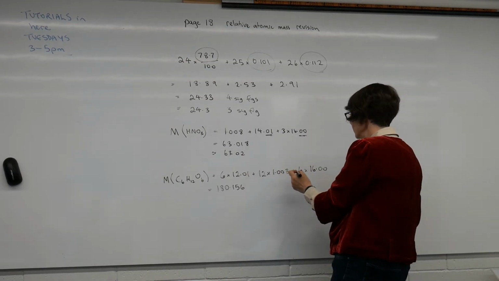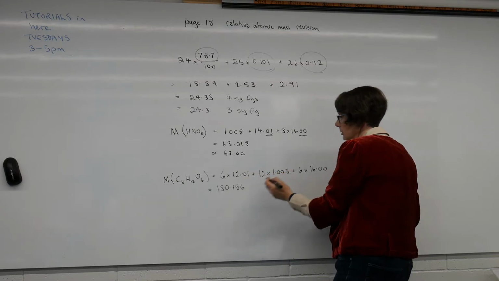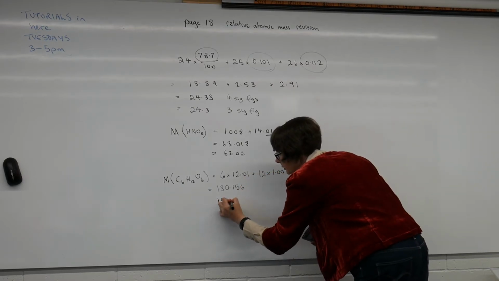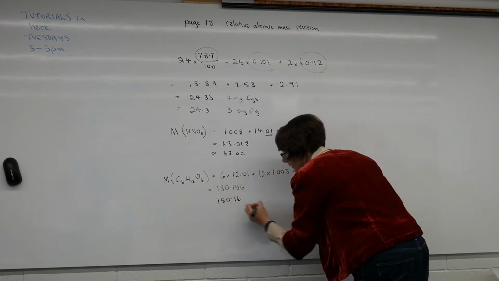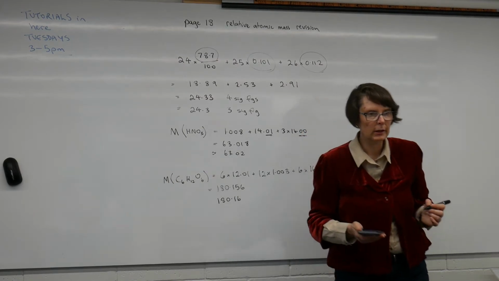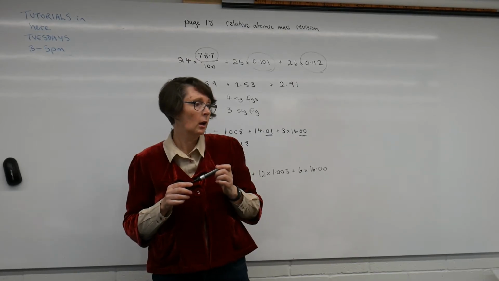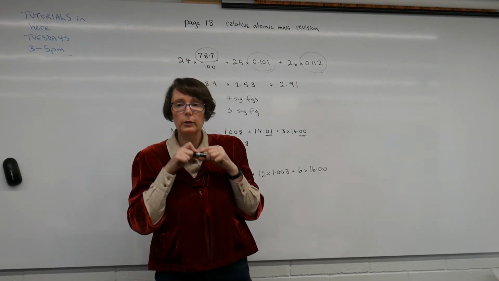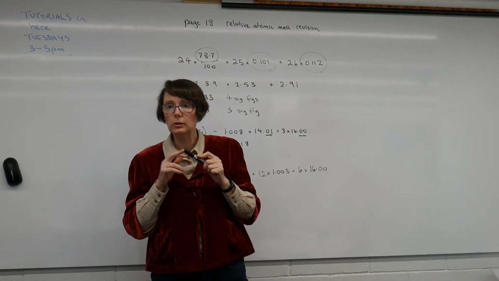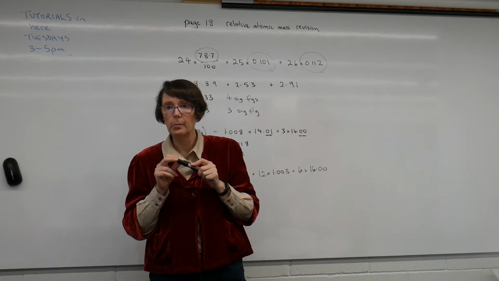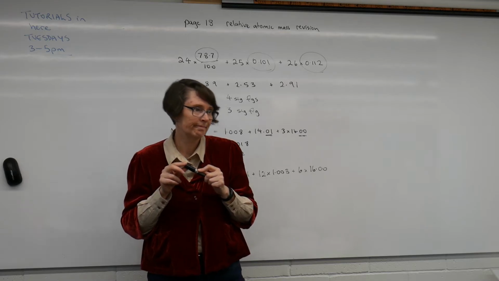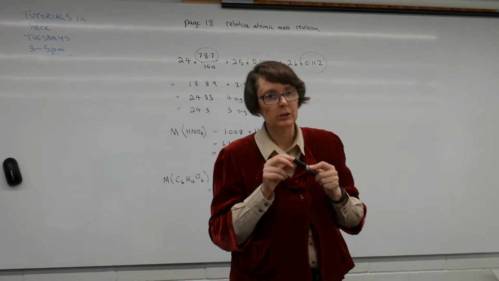Now again, because I've only got 2 decimal places, I'm going to need to round this one to 2 decimal places. Relative to 1/12 of the mass of the carbon-12 isotope. Yeah, that's what it's relative to.